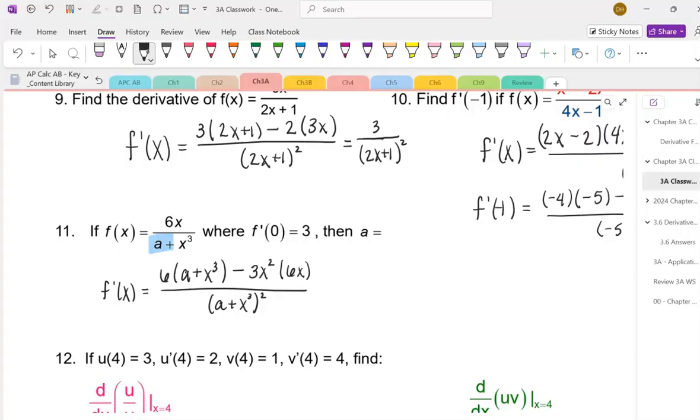So from there, what you're going to do is, anywhere you see an x, plug in 0, and then you're going to replace y with 3. So f prime of 0 is 3, so f prime of 0 right there, 3 equals, and anywhere you see an x, plug in 0.